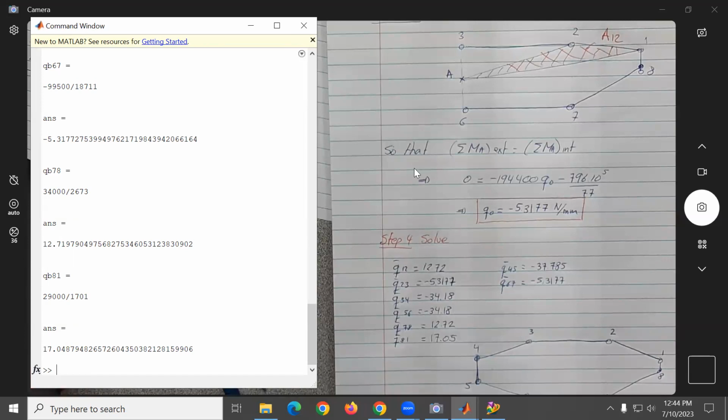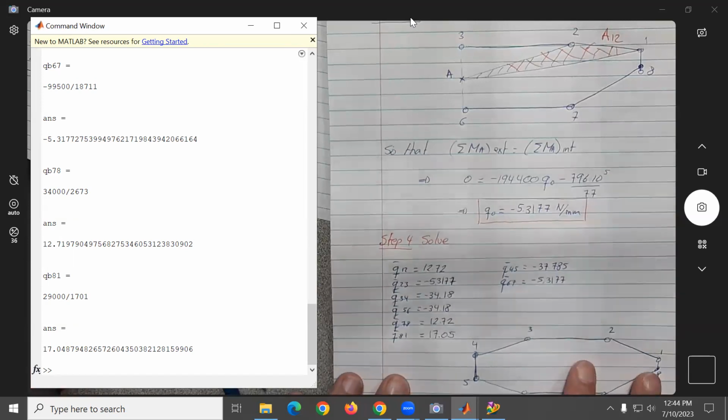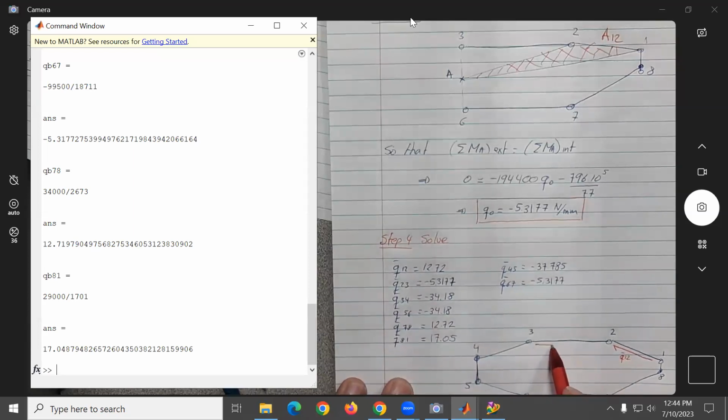Okay, the last thing to do on the figure is to put whether they go positive or negative. Q12 is positive. Q23 is negative, so it should be going that way. Q34 is also negative. Q45 also negative, so it should be going from 5 to 4.